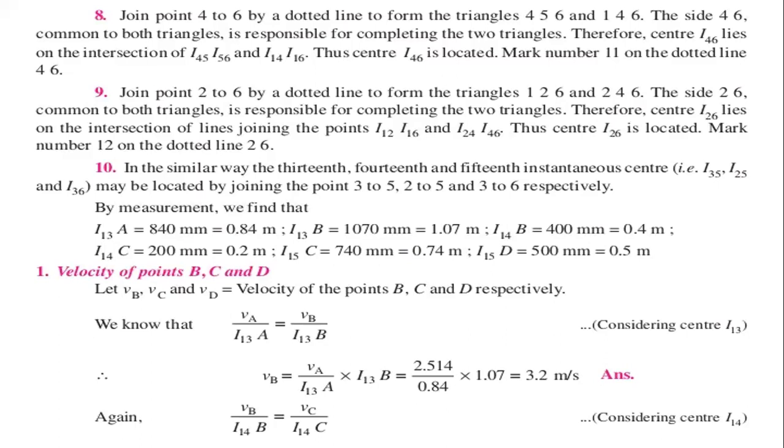So we need to find velocity of B, that is taken as velocity of A by instantaneous center 13 into A, divided by 13 into B. So velocity of A is 2.514.